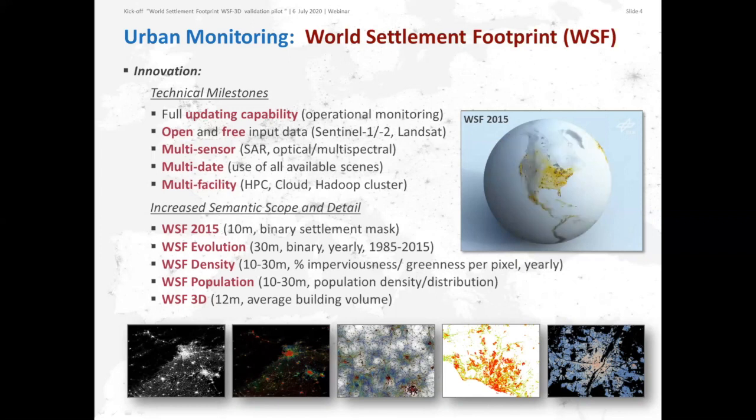It's a binary version, but then we expand this, and we also on the one hand want to describe the density. So this is imperviousness that I described, and I will just very briefly show you an example of these products soon. We have the population within the build-up area, and we have an evolution, which building volume within that cell.